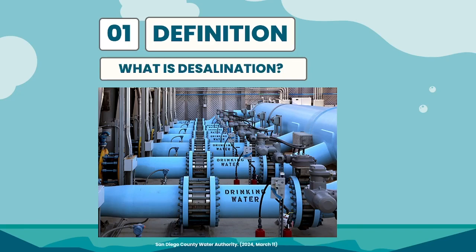So, before we start anything, what is desalination to begin with? Desalination is known as a process of removal of salt or other impurities from seawater to produce fresh water. Desalination is divided into two types, non-thermal and thermal desalination. In this sense, thermal means using heat and non-thermal means not using heat.